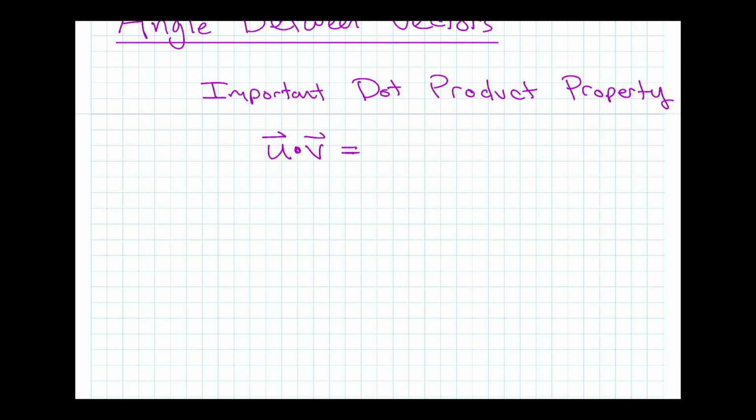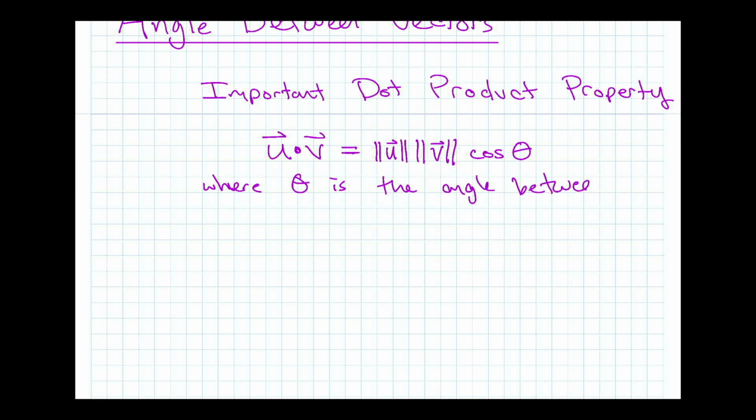The way you can calculate it is with the magnitude of U times the magnitude of V times the cosine of theta, where theta is the angle between the vectors.